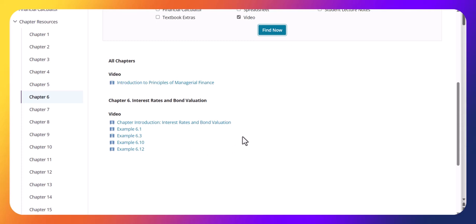Additionally, you want to finish and complete any type of reading material in the book related to calculations.